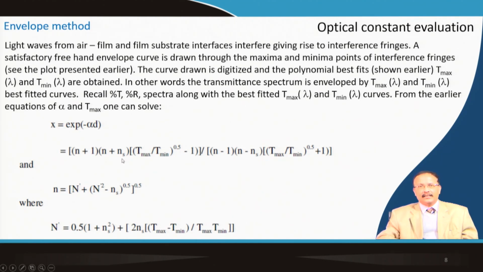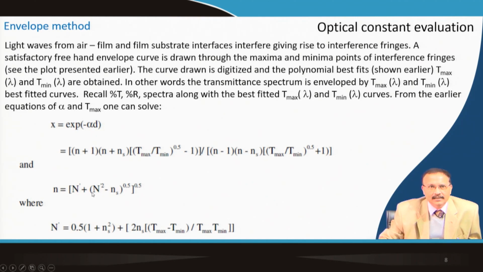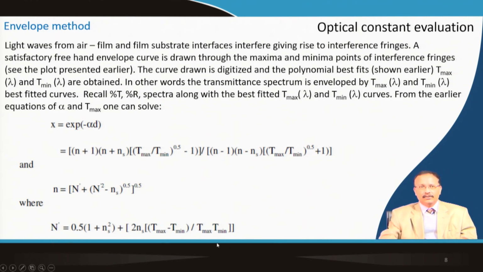So, this T max and T min is included in this relation, where the refractive index is given by this simple relation n prime, and it is related to the substrate refractive index, because in 0 I have put already 1, and this n prime is defined by this relation.